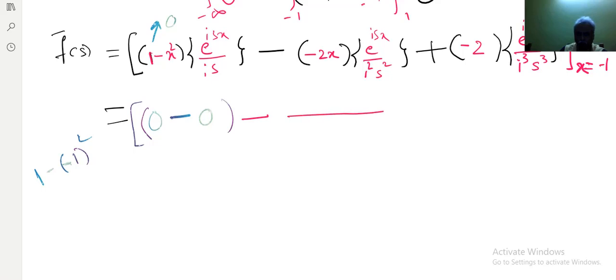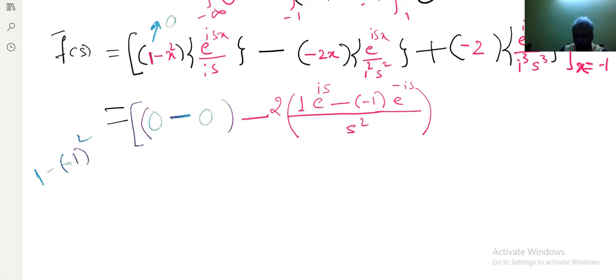Let me substitute 1 here, 2 as it is, x equal to 1, e raised to is into 1, the upper limit, minus the lower limit, x equal to minus 1. So the denominator s square remains as it is. So this is e raised to i theta plus e raised to i theta divided by something, so that you will get the cos function. So here minus 2.